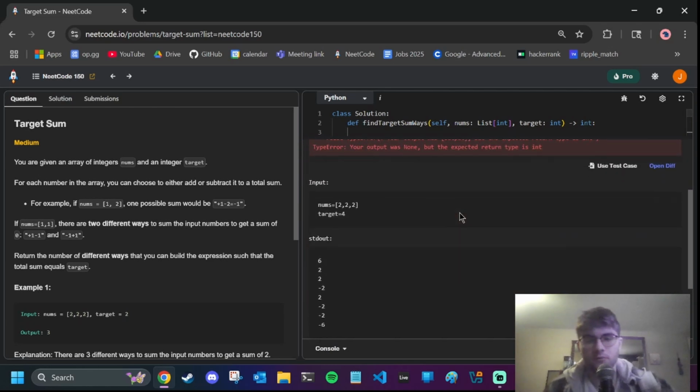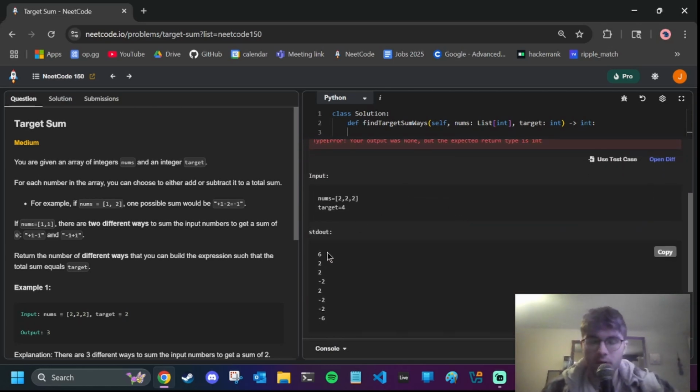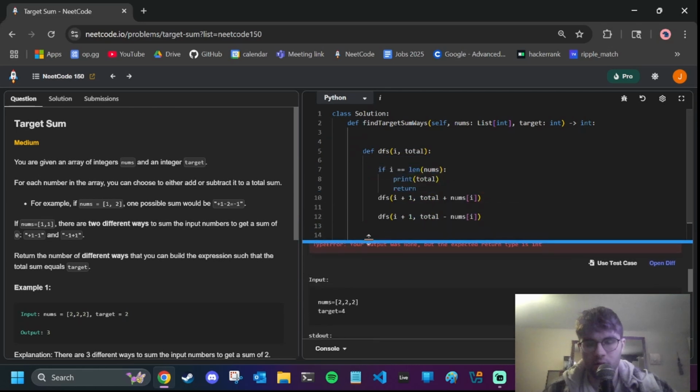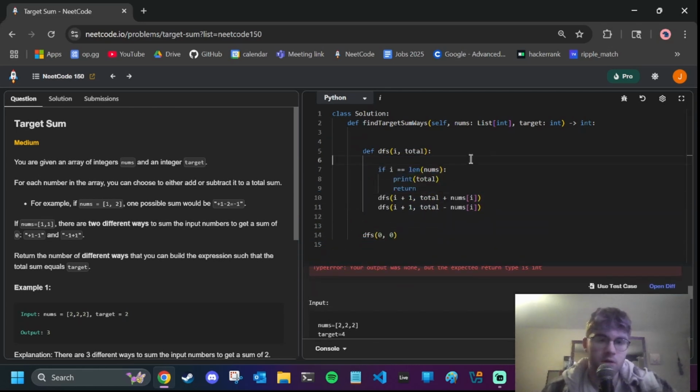Okay, so the first one is 6, and then it's 2. I guess that would be plus plus minus, and then this 2 would probably be plus minus plus, or minus plus plus. So if we trace it, this will call itself, plus I goes up to 1, we'll call it again, plus I goes up to 2, plus I goes up to 3, it'll print 6.